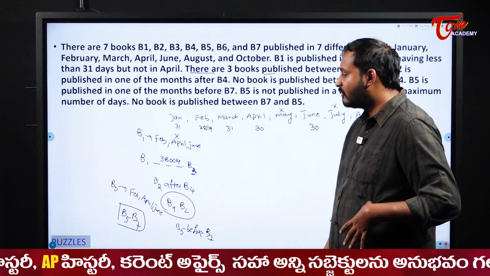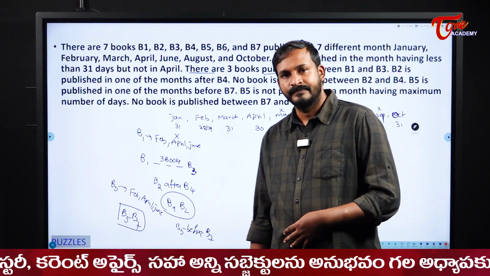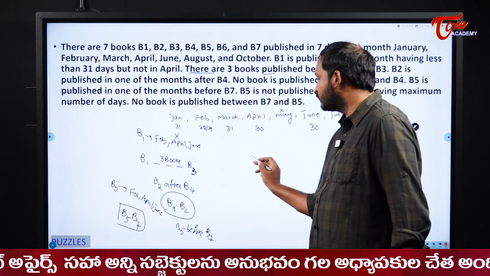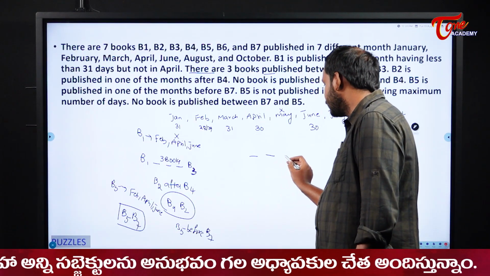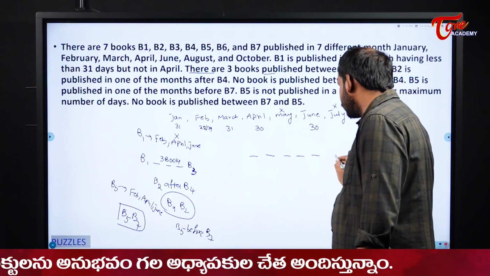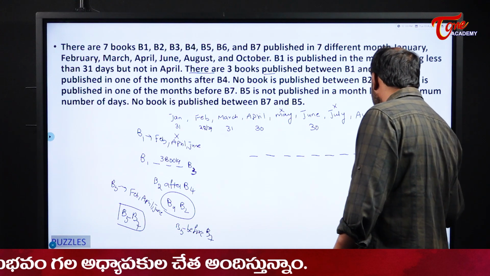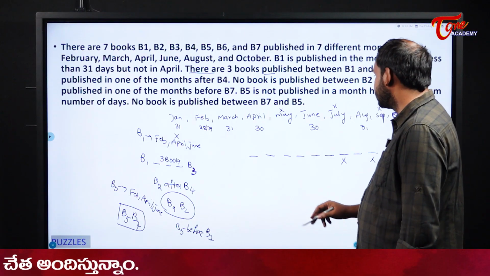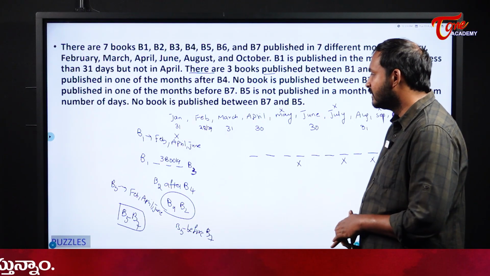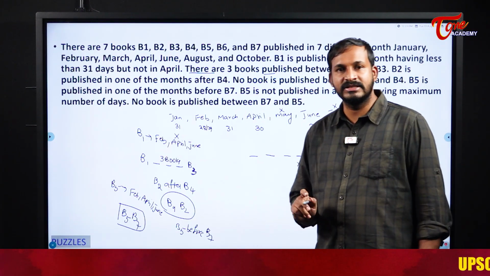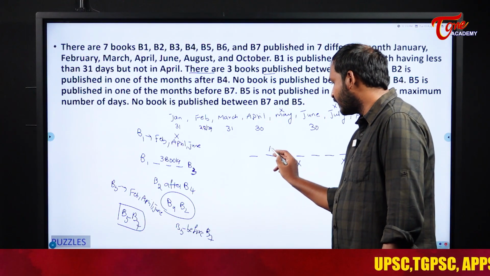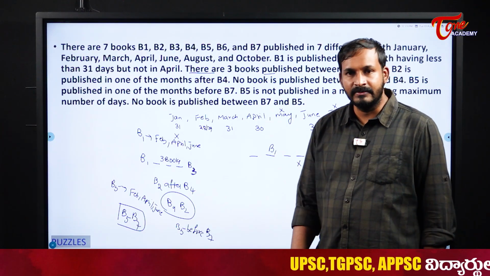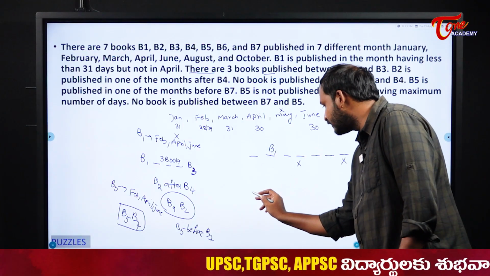So, now first I will go with a wild guess, students. I will assume January, February, March, April, May, June, July, August, September, October. September is deleted in this, July is deleted in this, and May is deleted here. For B1, what is the possibility? B1 can be in the month of February, or in June also.